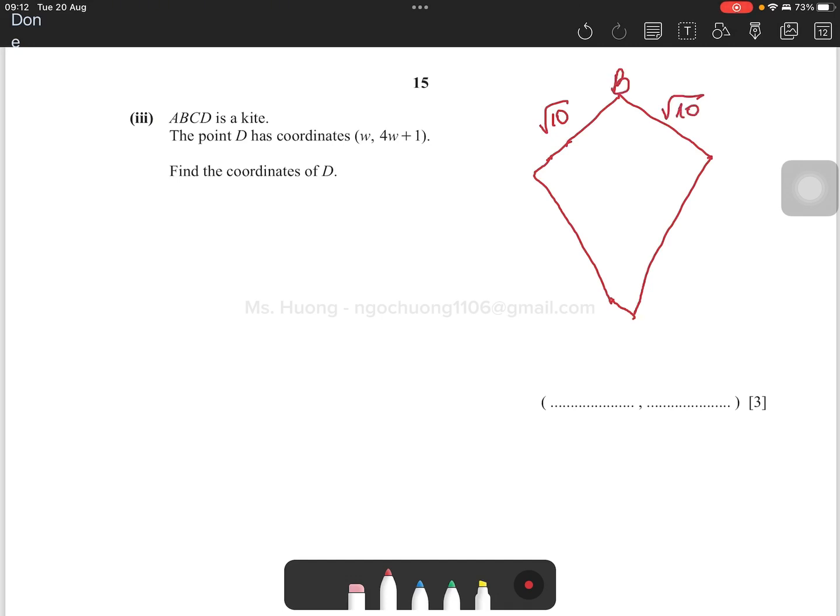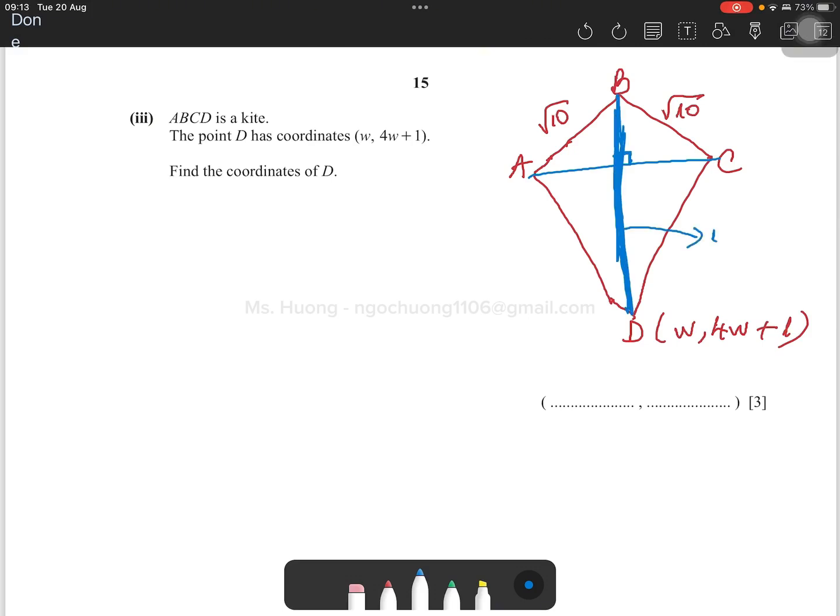So B is the vertex here, A and C. So this one is the point D. D has the coordinate W, 4W plus 1. And we also know that they should lie on the perpendicular bisector of AC. The perpendicular bisector of AC has an equation of y equals 2x minus 3.